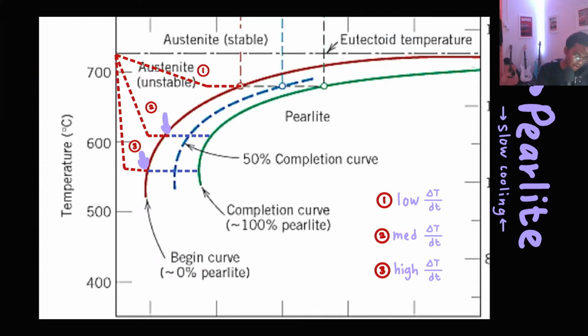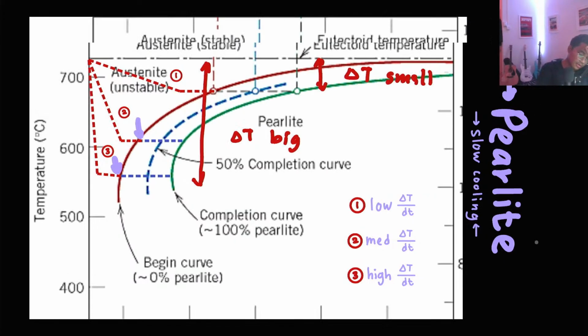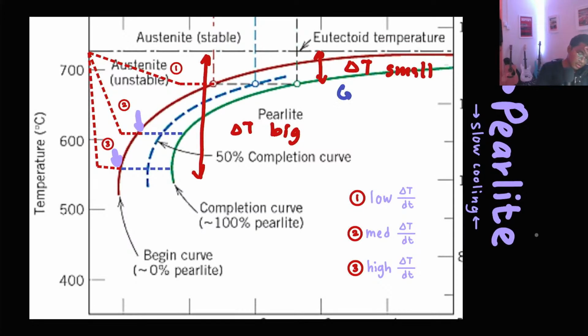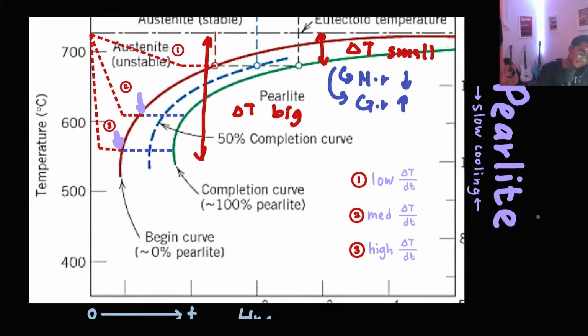Let's write here. The delta T is small, but here the delta T is big. When the delta T is small, the nucleation rate is lower, but the growth rate is higher.